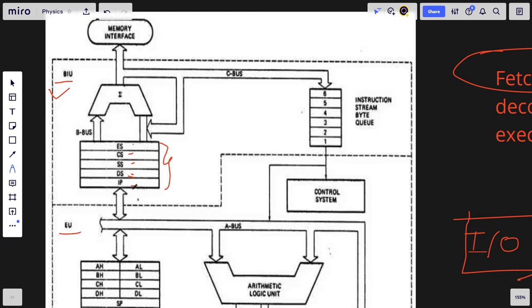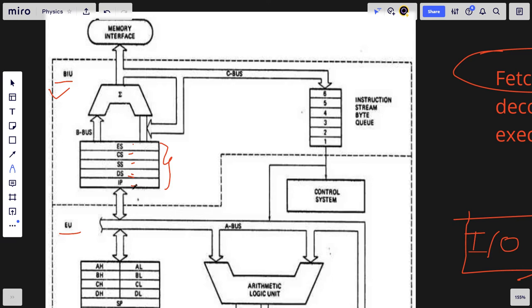I hope the names were clear. I will recall them one more time for you. ES is extra segment, CS is code segment, SS is stack segment, DS is data segment, and IP is instruction pointer. These are five registers. Now, as we have said that we are going to focus on the fetch, how a CPU fetches an instruction, first of all, we have to know where the instruction is.